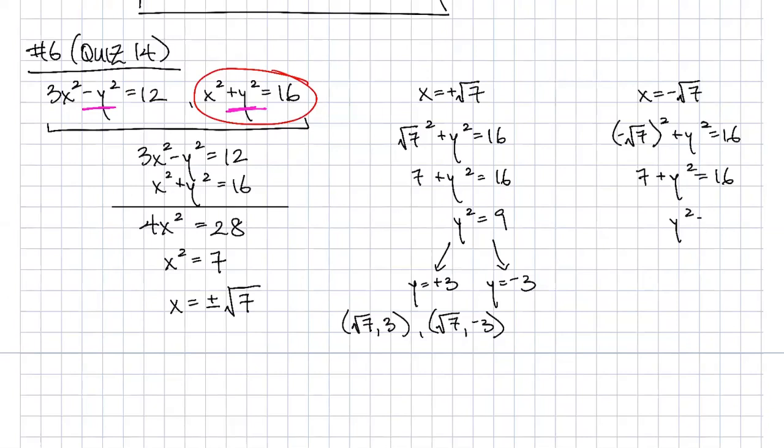I get y squared equals 9, and again, y equals 3, and y equals negative 3. So the two values that pair with negative root 7 are 3 and negative 3. And so those are my 4 intersection points for the hyperbola and the circle.